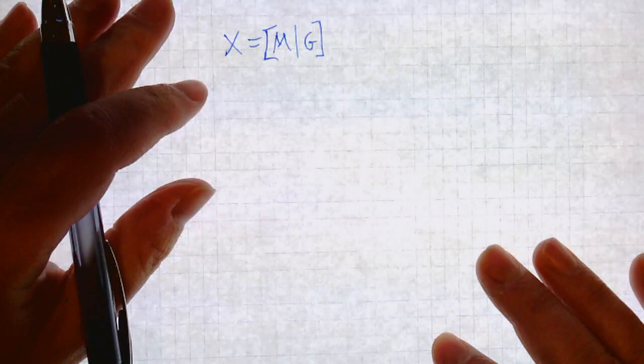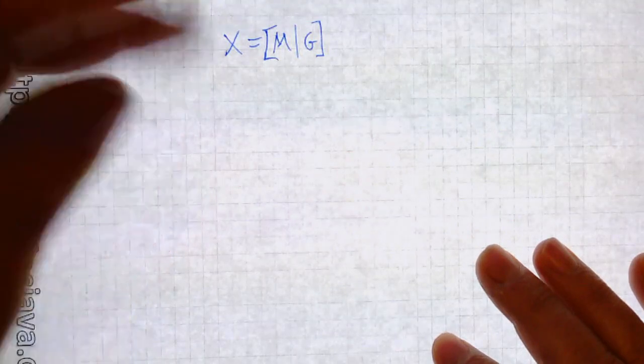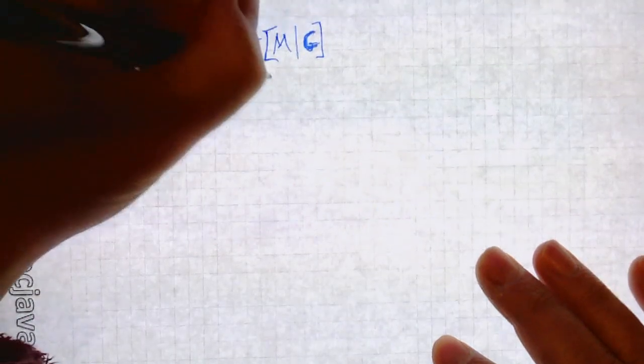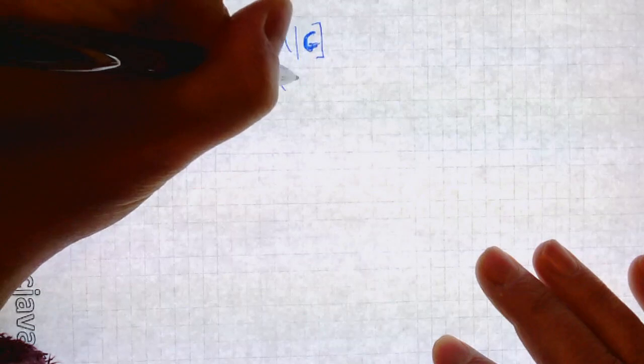So how do I get my code vector? I generate it using x equal m times the generator.